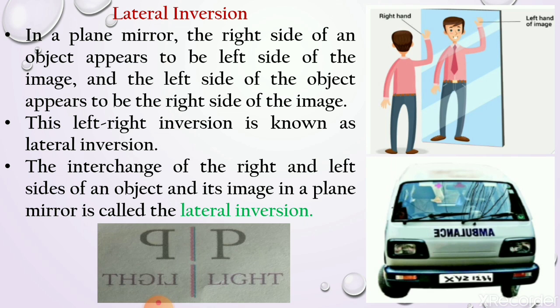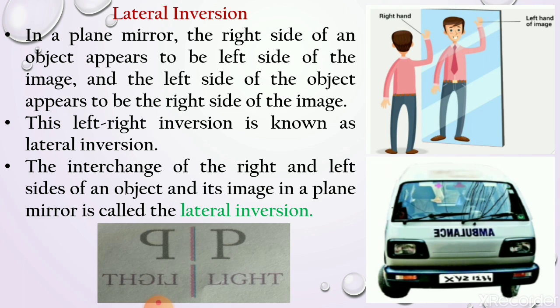The laterally inverted image of the word is obtained, and we can read the actual word ambulance, so that we can allow it to pass and reach the hospital quickly. That is why ambulance is written laterally inverted on the hospital van.